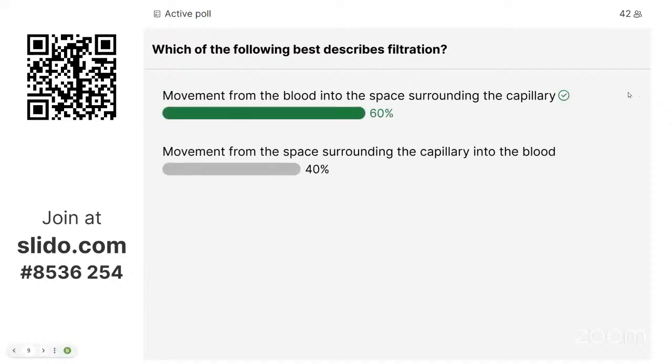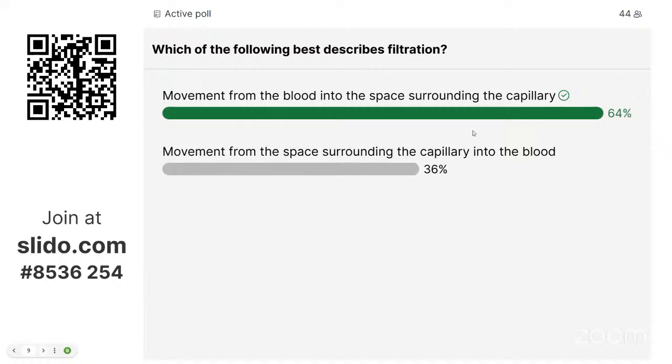Let's take a look. Okay, cool. Yes, it is movement from the blood into that space surrounding the capillary.